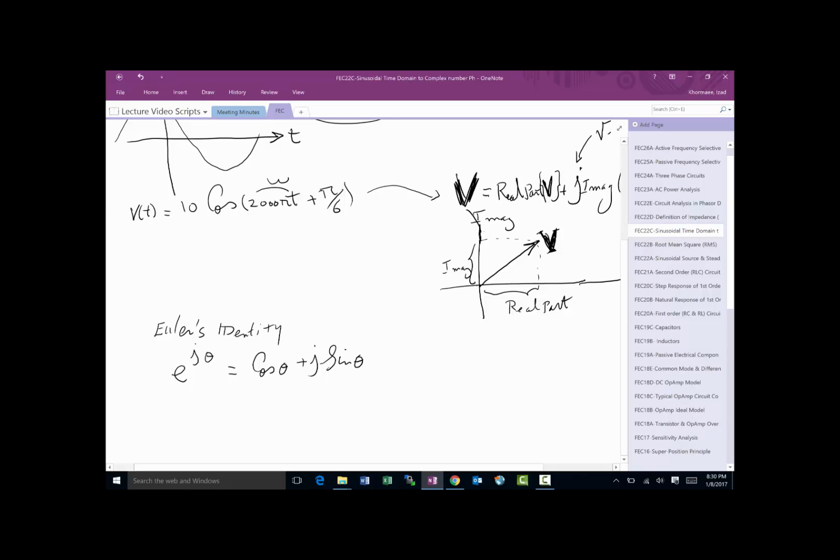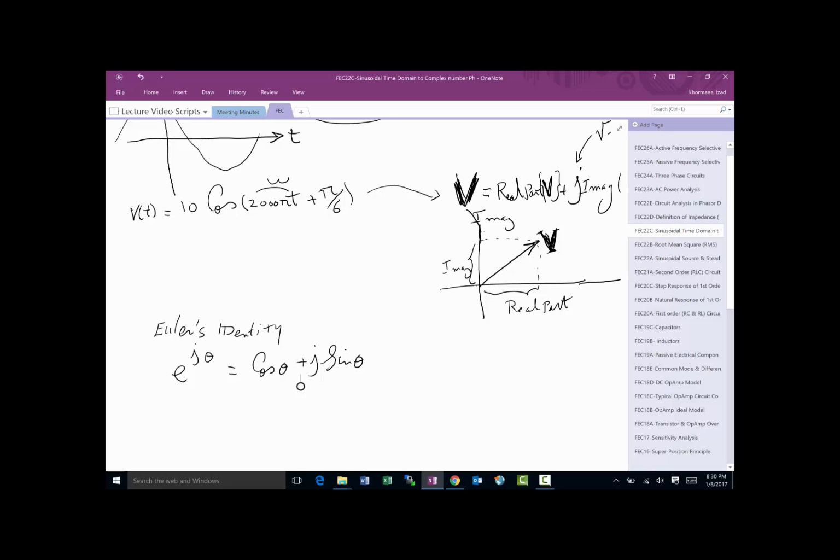That's Euler's identity. If you have plus and minus, those just get reflected: if theta is positive, you'll have a plus here, and if theta is negative, then you're going to have a negative in here.